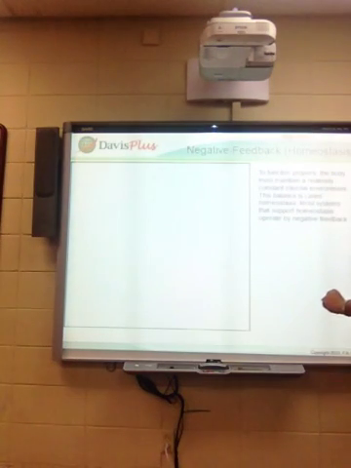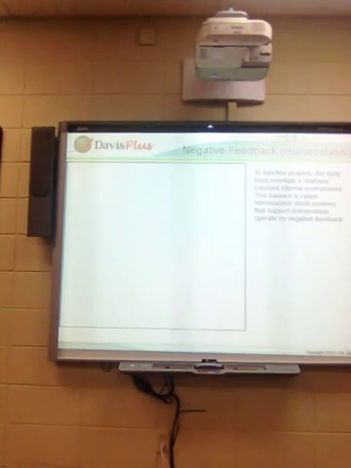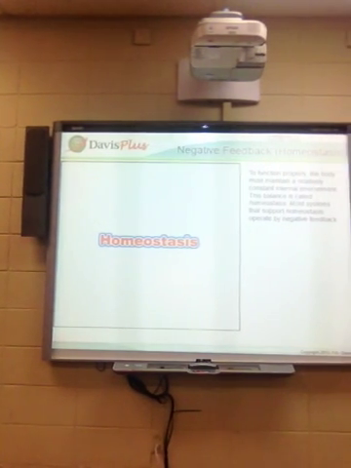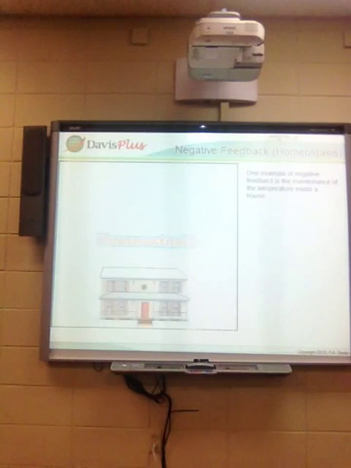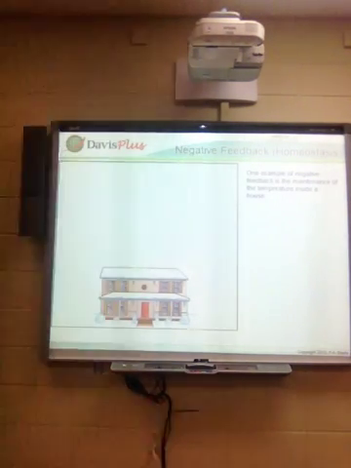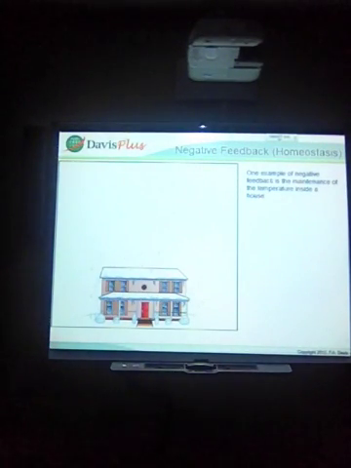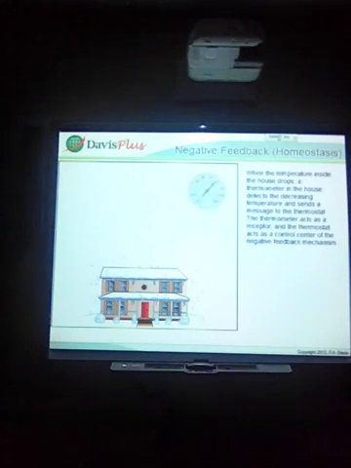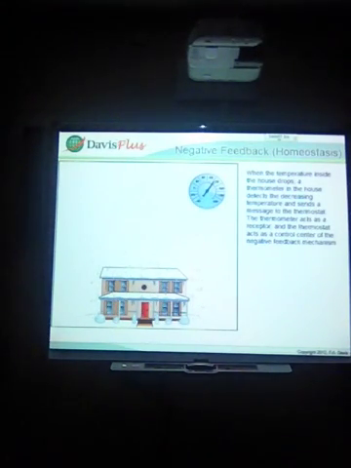To function properly, the body must maintain a relatively constant internal environment. This balance is called homeostasis. Most systems that support homeostasis operate by negative feedback. One example of negative feedback is the maintenance of the temperature inside a house. When the temperature inside the house drops, a thermometer in the house detects the decreasing temperature and sends a message to the thermostat.